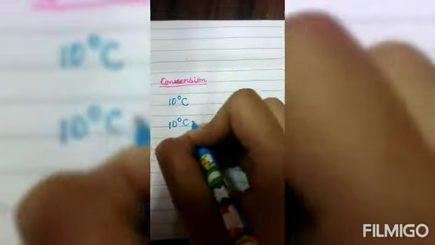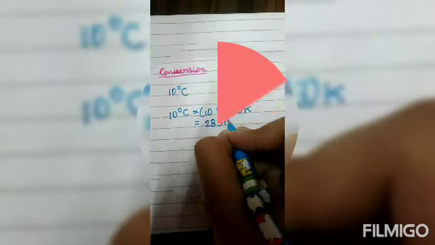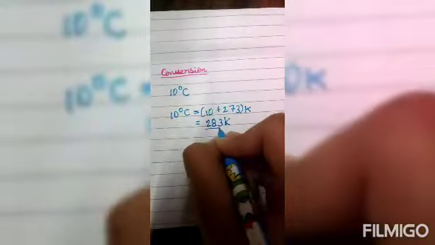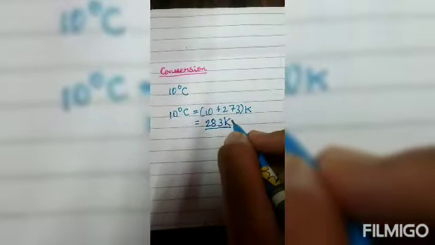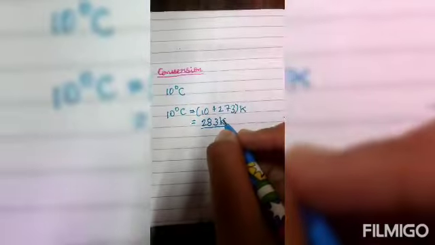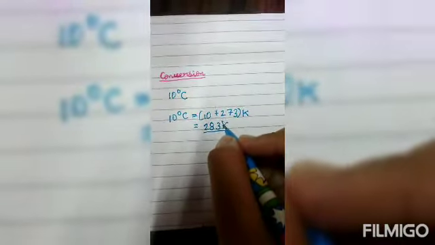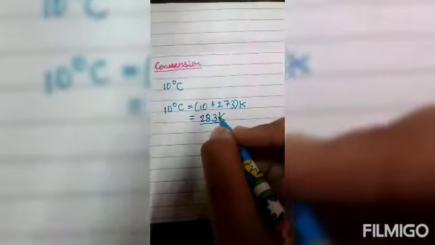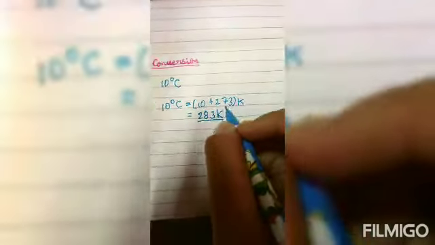So first we have to add like this, 10 plus 273, and Kelvin is the answer. And if we want to go from Kelvin scale to Celsius scale, that is where we convert from Kelvin scale to centigrade scale, we have to subtract this 273 Kelvin.